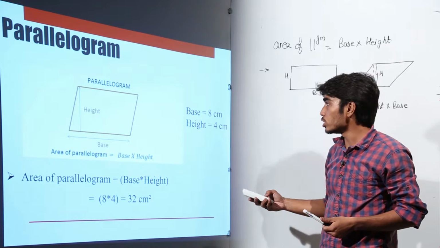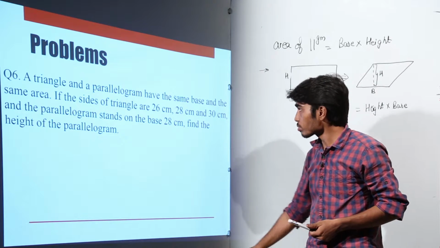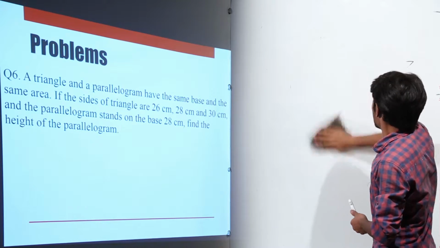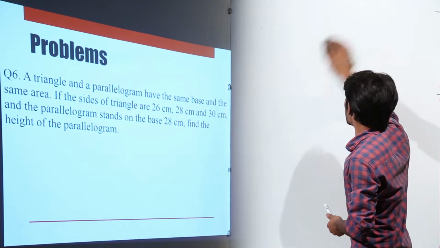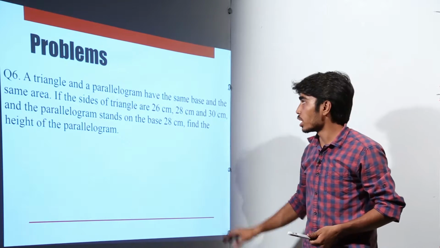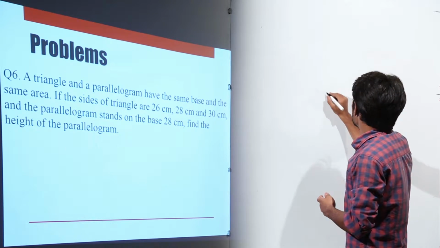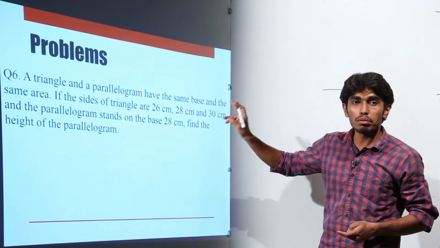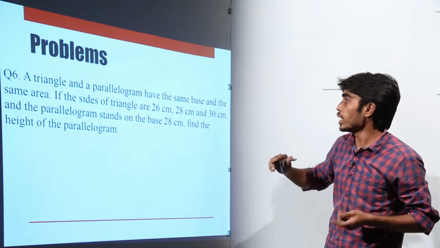Let's do some questions on parallelogram. In this question, we are given a triangle and a parallelogram. They have the same base. We are given that the parallelogram and the triangle have the same area.